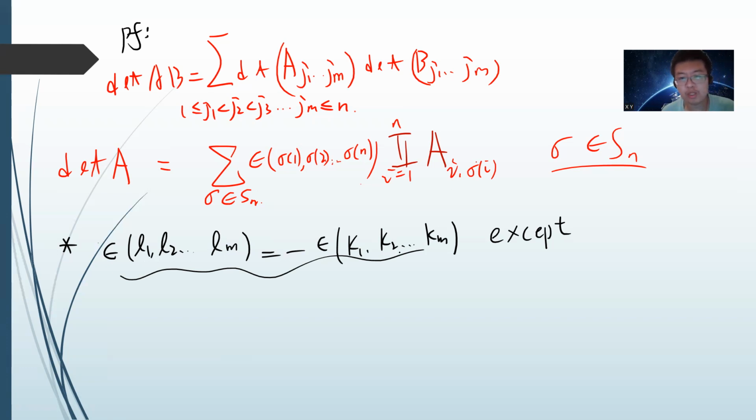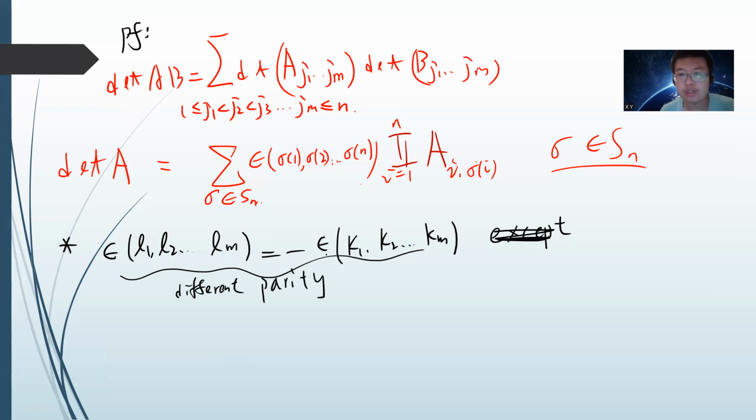So these two are the same, except these two are the same if K1 and Km have different parities. Okay, different parities.